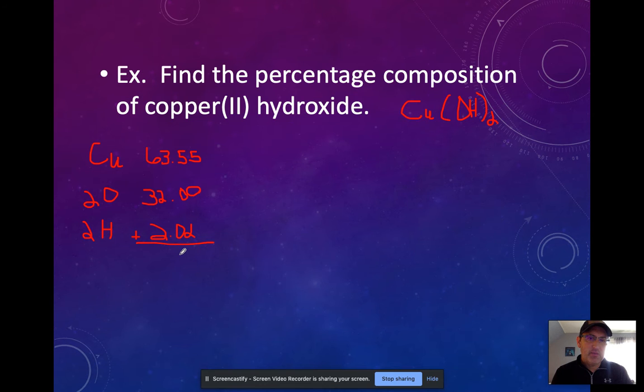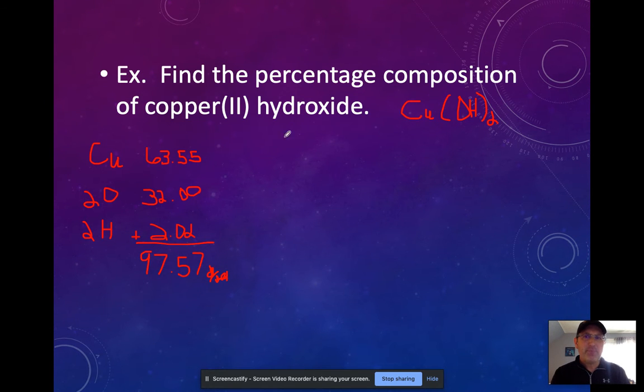This will give you 97.57. That gives you your total. That's in grams per mole, or atomic mass units.